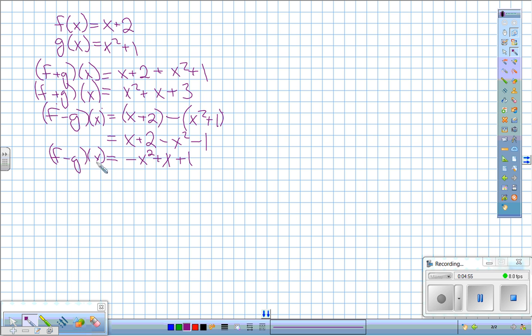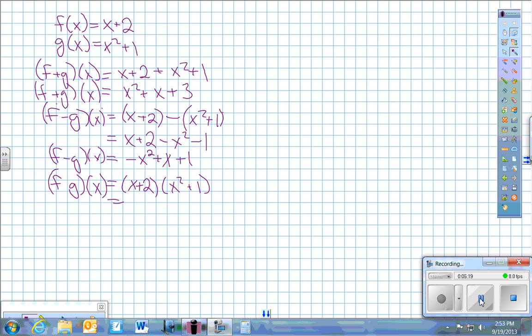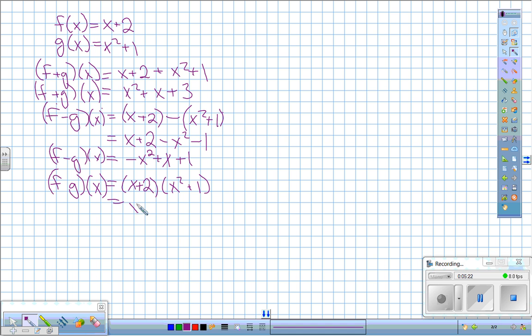Your multiplication, you'll probably have to FOIL most of these out. So f times g of x. I always write a dot between my numbers, but in the book what you see a lot of times is just fg of x. So I will take x plus 2 times x squared plus 1. When I multiply it out, I'll take x times x squared, which will give me x cubed.